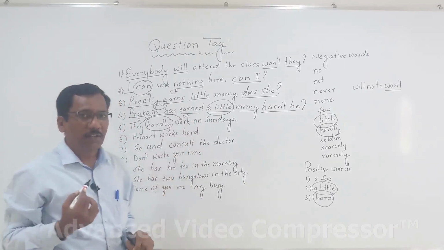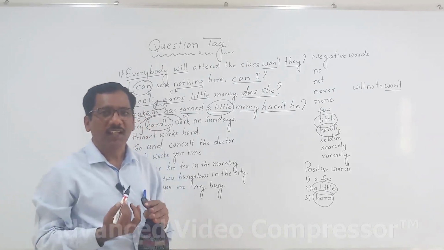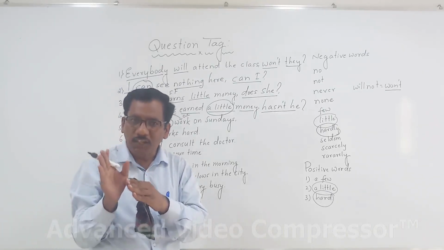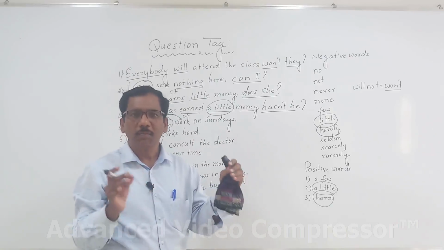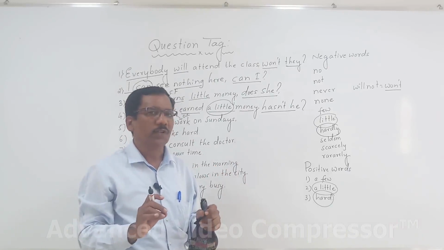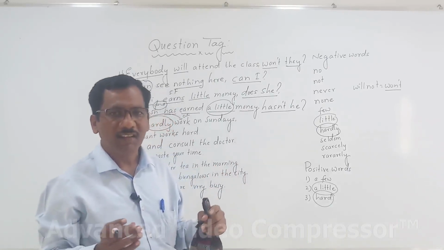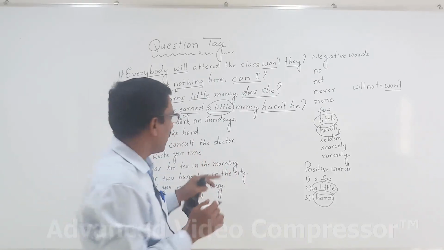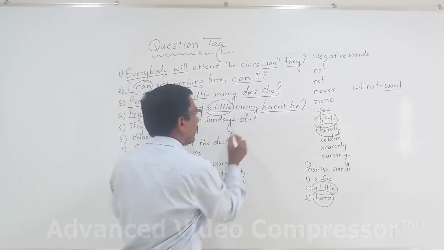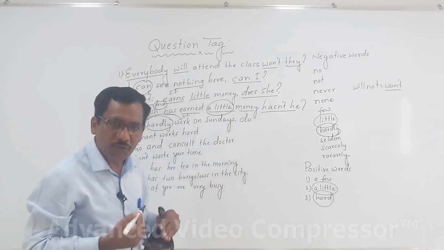In the last video of mine, you have seen whenever the sentence consists of subject plus original form, in between subject and original form, or root form, or V1, which helping verb is silent? That is do. Okay, the sentence is negative. We have to add a positive question tag.